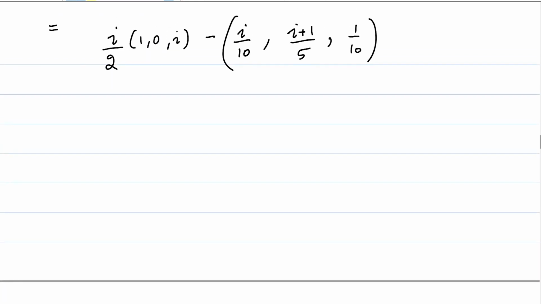Okay, let's compute further. This is going to be i by 2 minus i by 10, which is going to be equal to 5 minus 1, 4i, so 2i by 5.